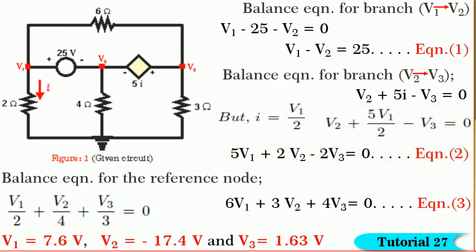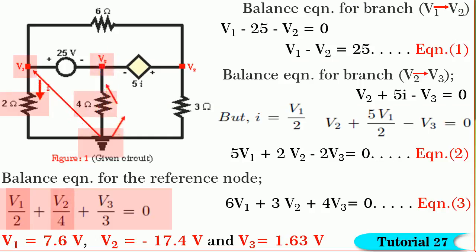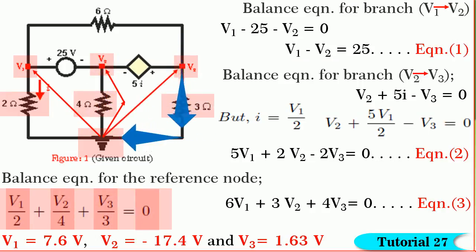We need another balance equation. So, let us write another balance equation for the reference node. By writing the balance equation for the reference node, we get V1 by 2 plus V2 by 4 plus V3 by 3 is equal to 0.